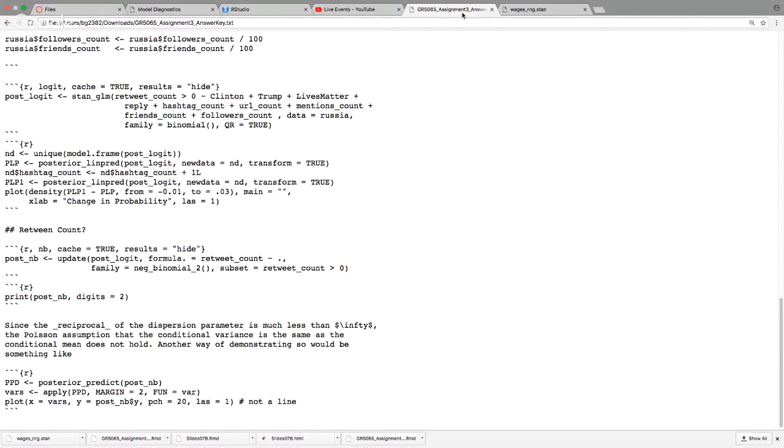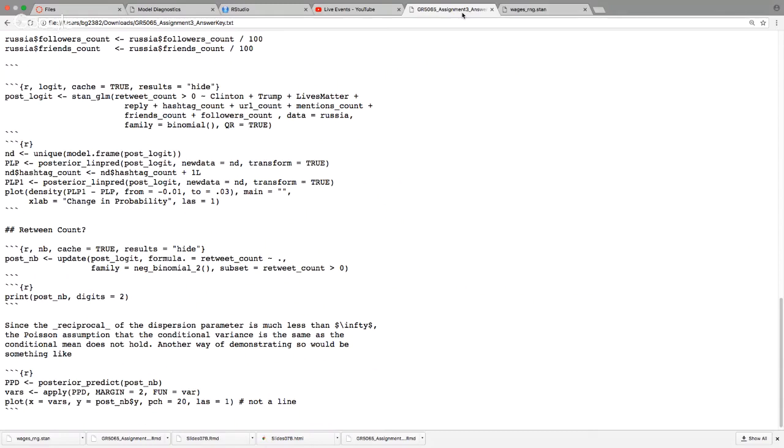Anyway, estimate a logit model for the binary: is it ever retweeted or is it never retweeted? All those variables. Specify data equal Russia, family equal binomial. By default, it uses the logit link. QR equal true to get better performance, particularly with the default priors, etc.